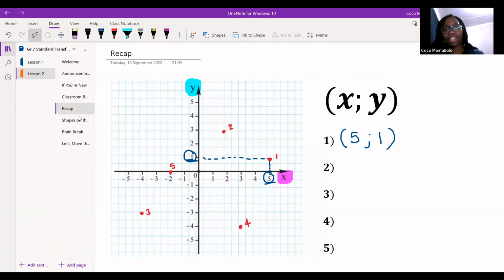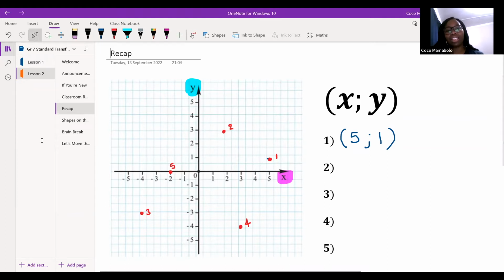Give me a thumbs up or a thumbs down. Do you guys think you can do number 2 by yourselves? Let's look for number 2. I know Monday was really tough electricity-wise. Try and follow along. I'm getting quite a lot of thumbs up.